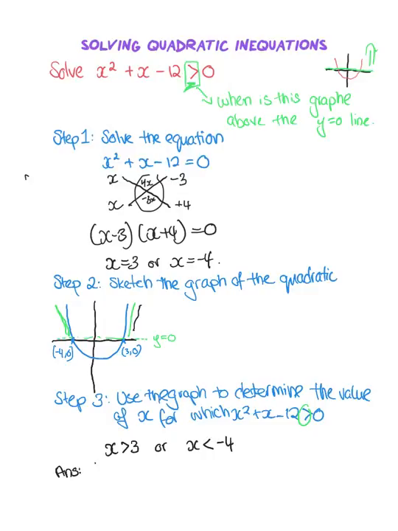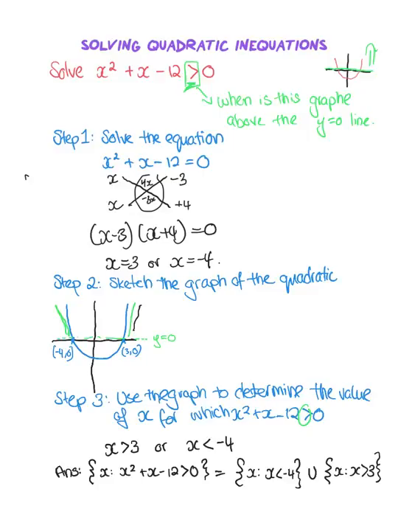Now we could write it like this, or sometimes you'll see your answer written in set notation. They like to put the little brackets and ask when this quadratic inequation is greater than 0. You can write it as: x is less than negative 4, in union with, so that means also, x is greater than 3.